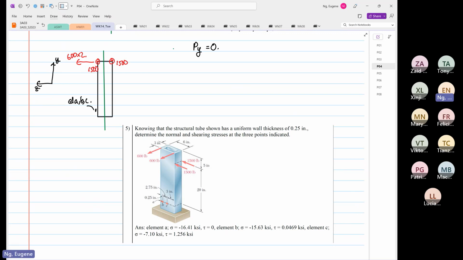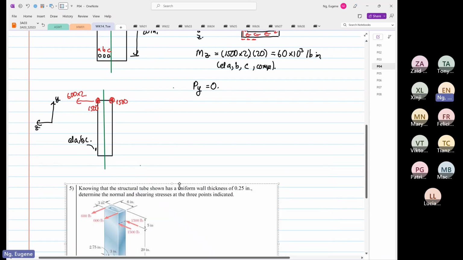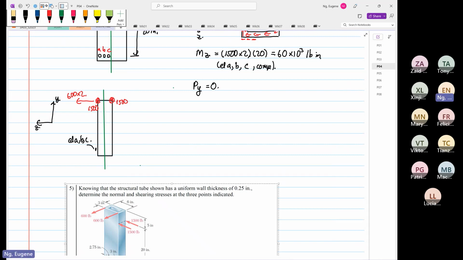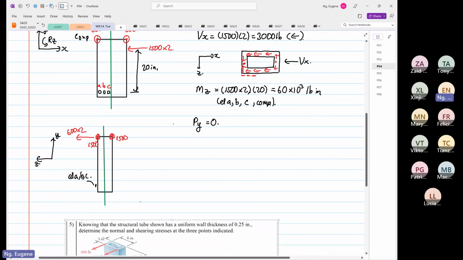Is it dots? No, crosses. Okay, so again, don't bother about the dots and crosses, just bother about the arrow. Now you have over here rotation in X.